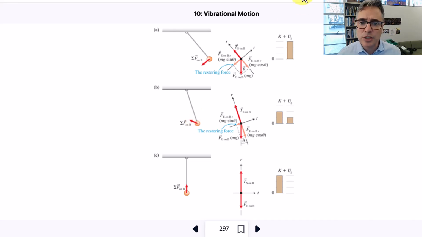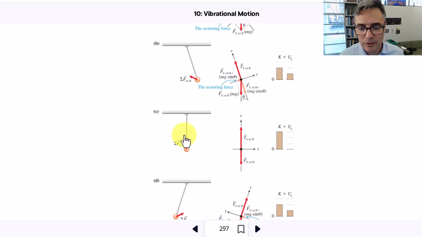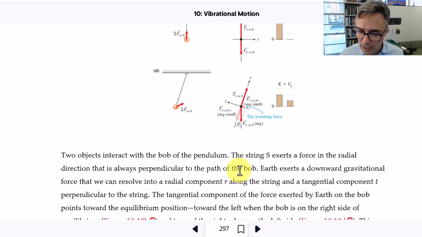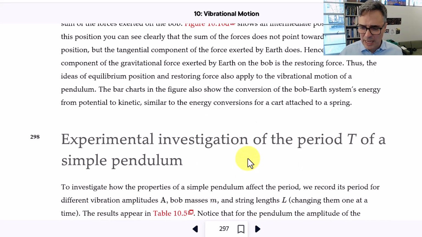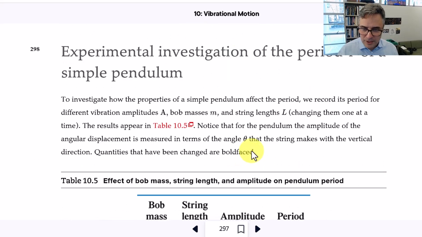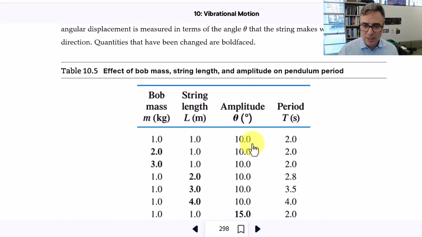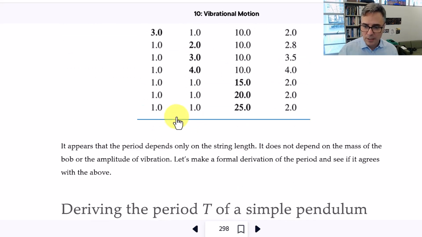And that's exactly what they show here. If it's pulled to the right, then it wants to swing back towards the left, and if it's pulled to the left, it wants to swing back towards the right. So you have to work it out. You have to do a small angle approximation to really make this work.